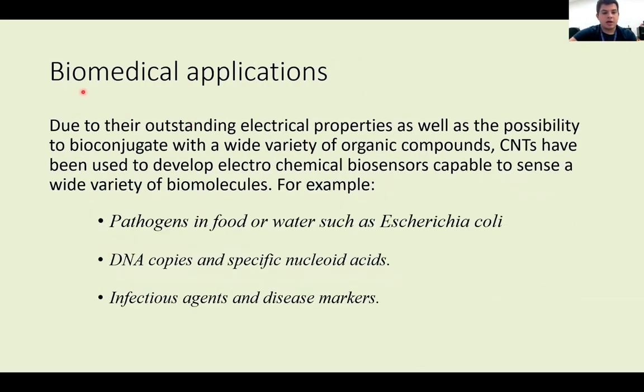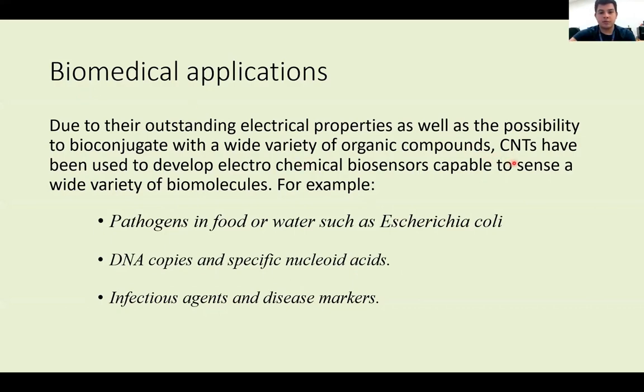We also have many biomedical applications. In this case, due to their outstanding electrical properties, carbon nanotubes are widely used as biosensors because of the possibility to bioconjugate the carbon nanotube surface with a wide variety of organic compounds.